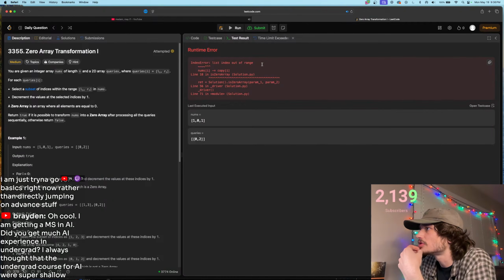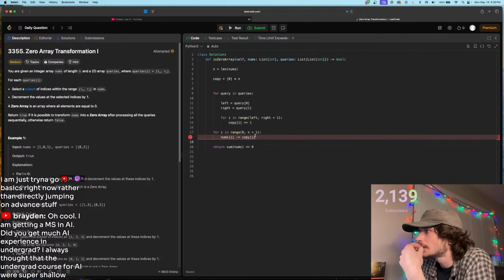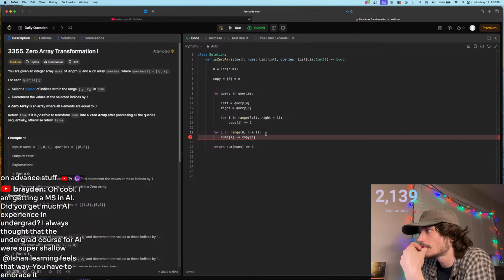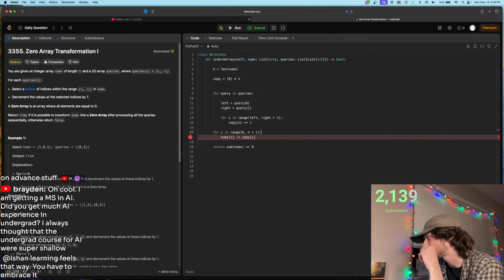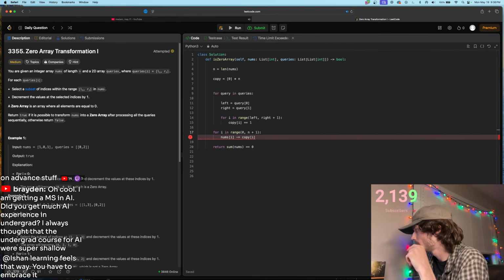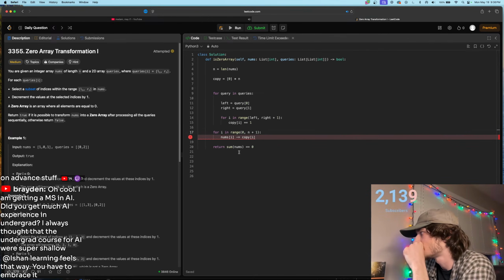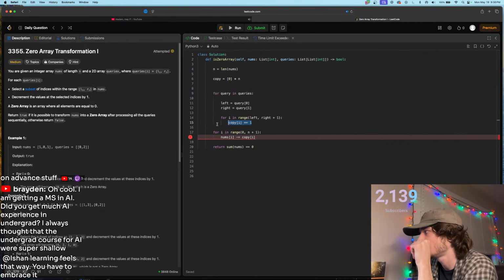List index out of range. So then, interesting. For I in the range of left plus right copy plus 2 plus 1.